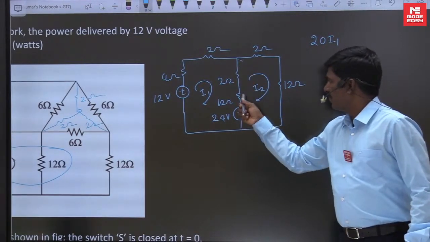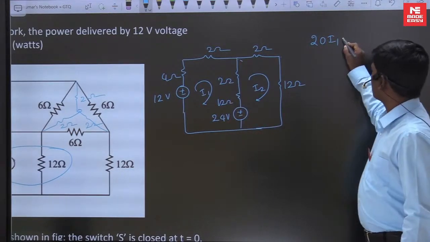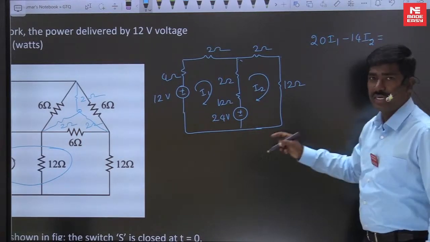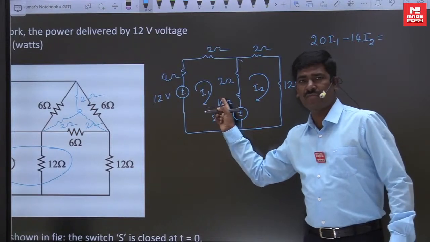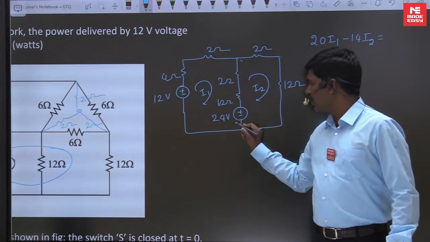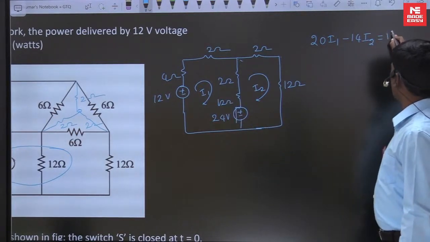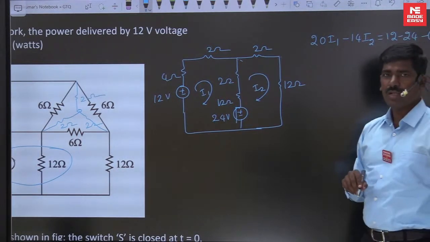That is between loop 1 and loop 2, 2 and 12. That is minus 14 I2 is equal to the sum of the voltage sources in the loop. 12 volts is in the direction of current, so positive, but 24 volts is opposite to the current direction, so minus. So 12 minus 24, equation 1 directly.